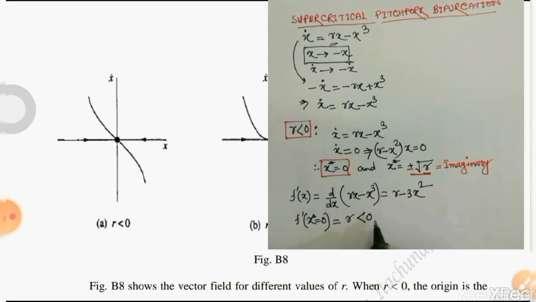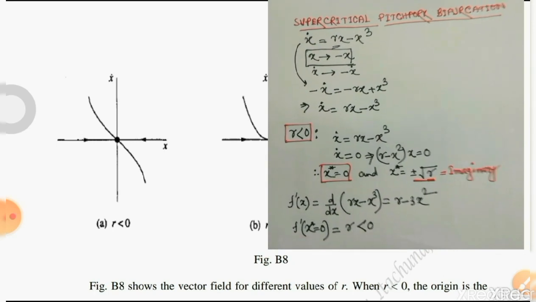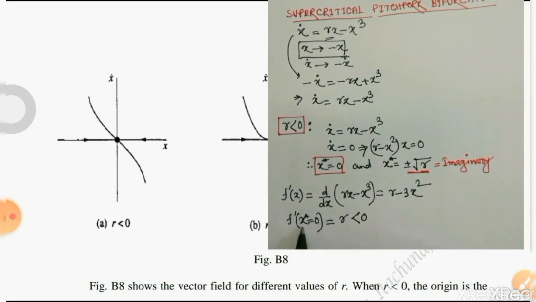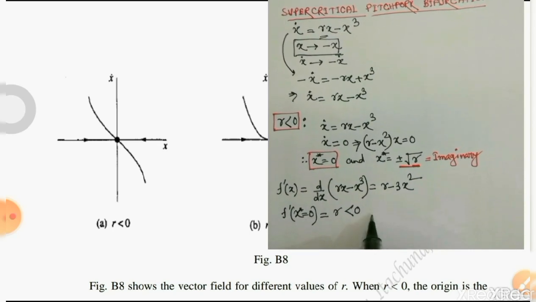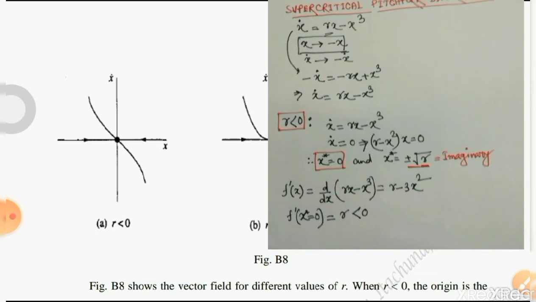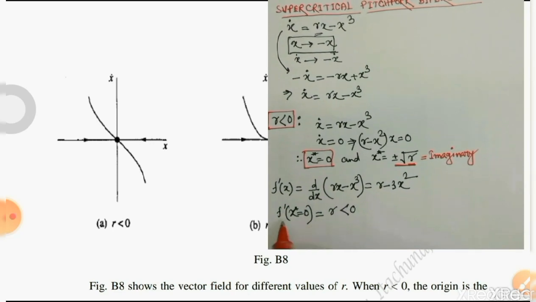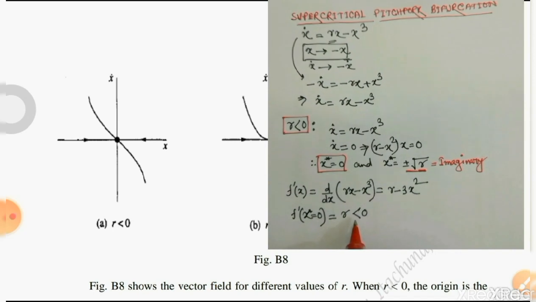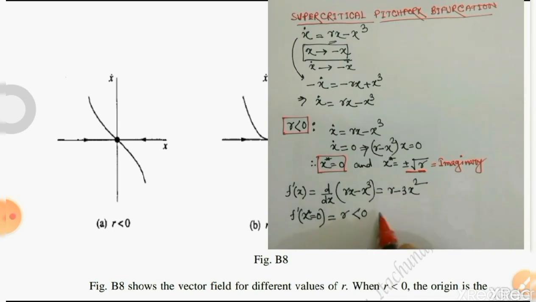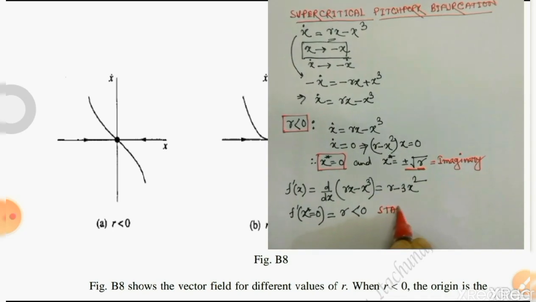So, this is less than 0. Thus, x star equal to 0 is a stable fixed point. Since f prime at the fixed point is less than 0, perturbation will decay with time and this will be a stable fixed point.